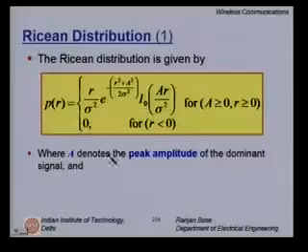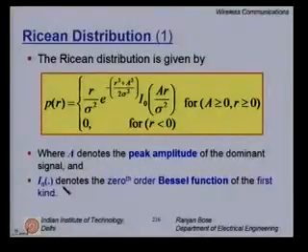Here in this equation, a denotes the peak amplitude of the dominant signal. It had to come somewhere. If I put a is equal to 0, I should go back to my Rayleigh distribution. Fine. I naught denotes the 0th order Bessel function of the first kind.